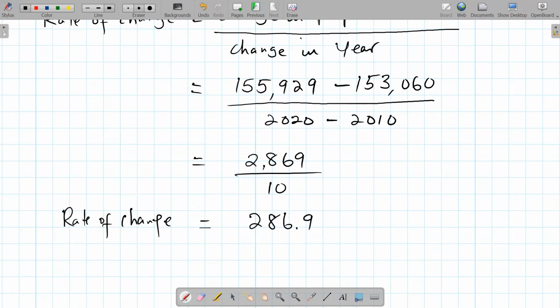So what it means is that the population increases every year by this number of people, almost 87 people, okay, for every year.